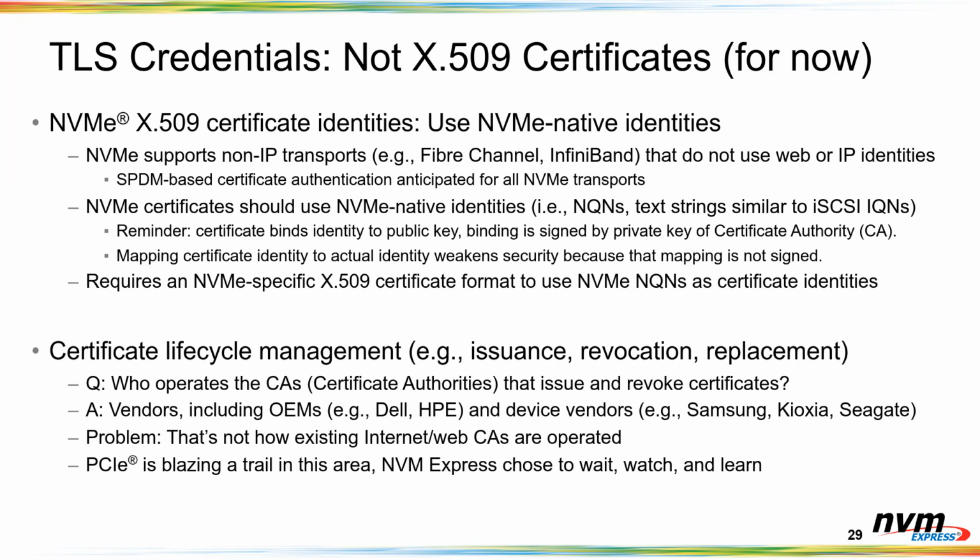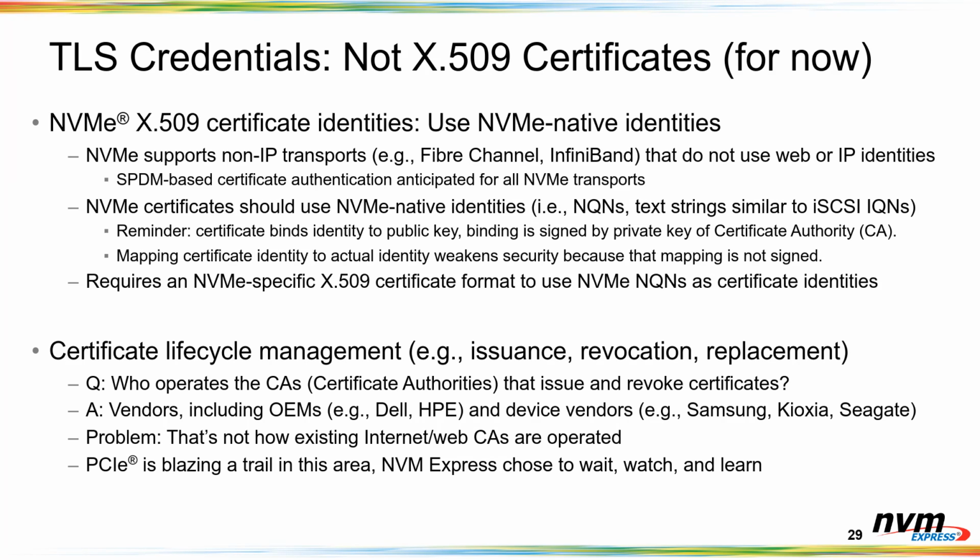NVMe over Fabrics does not use X.509 certificates right now, and the major reason why is that the identity in the certificate, the name of the host or the storage system, really needs to be an NVMe native identity. The reason is that NVMe supports non-IP transports such as Fibre Channel and InfiniBand that don't directly use web or IP identities. And at some point in the future, we're anticipating SPDM-based certificate authentication across all of these transports, not just the TCP transport where we're using TLS.